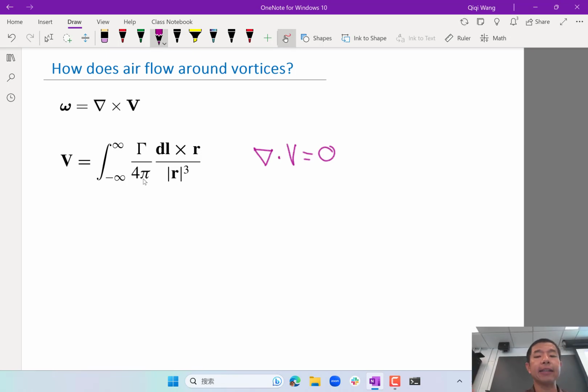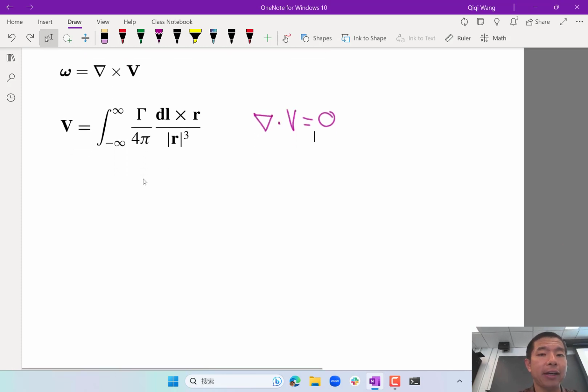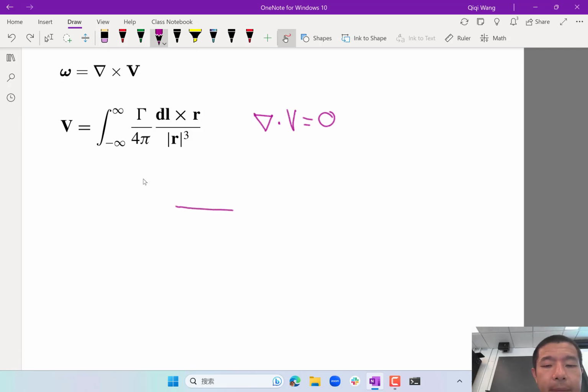So to understand this relationship a little bit more, let's not just look at the equation like as a dead equation. Let's actually look at an example where we have a segment of vortex. So let's imagine we have a vortex that is going from one place to another place, a straight section of vortex, right?